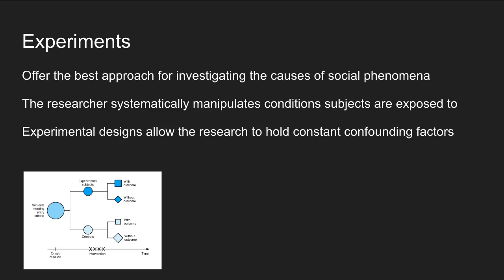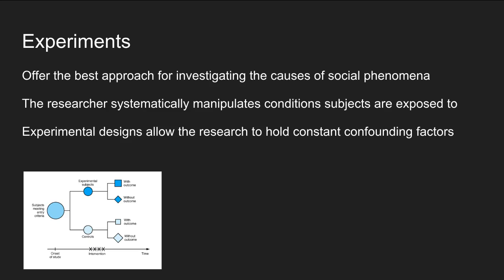Surveys and observations are often insufficient to produce causal evidence that X leads to Y. And why experiments are better suited for investigating the causes of social phenomena is that you are able to systematically manipulate a specific condition that people are exposed to. And they allow you to hold constant other confounding factors that might provide alternative explanations.